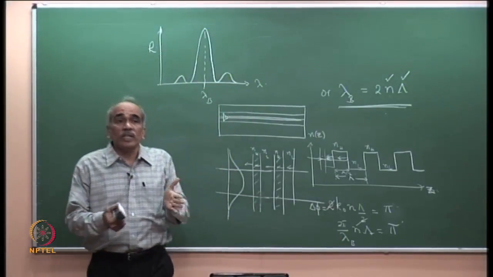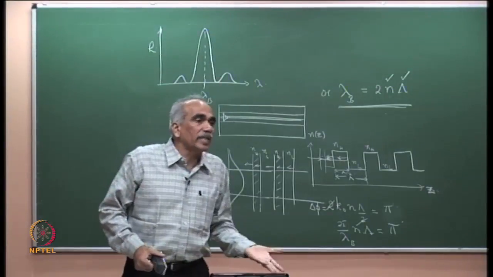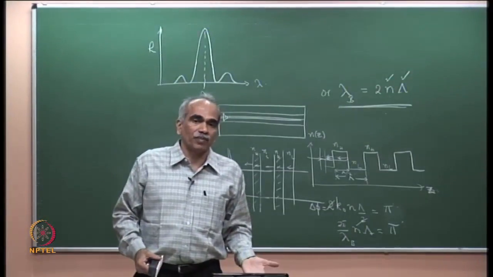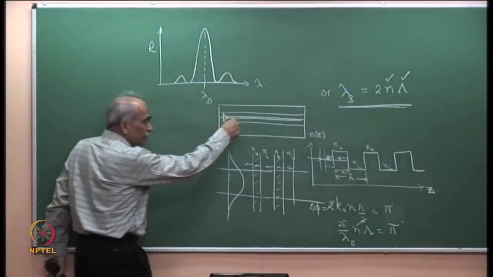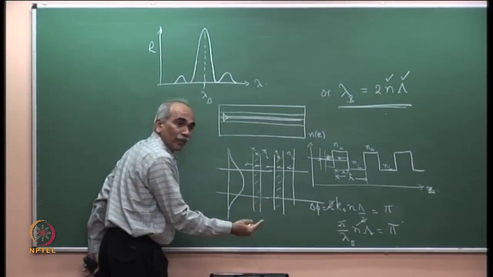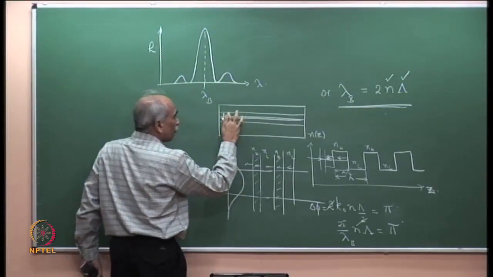We always want defect density to be as minimum as possible, otherwise non-radiative recombinations will take place and the light generation will go down.